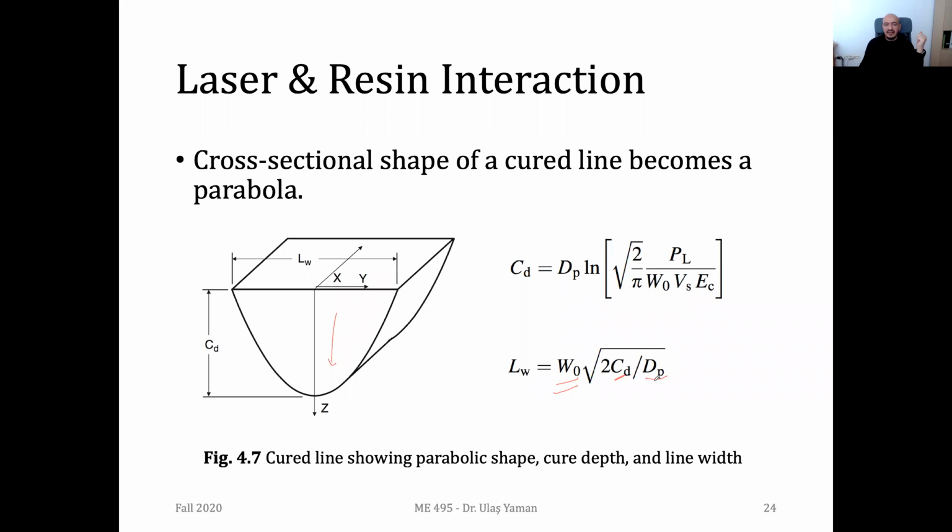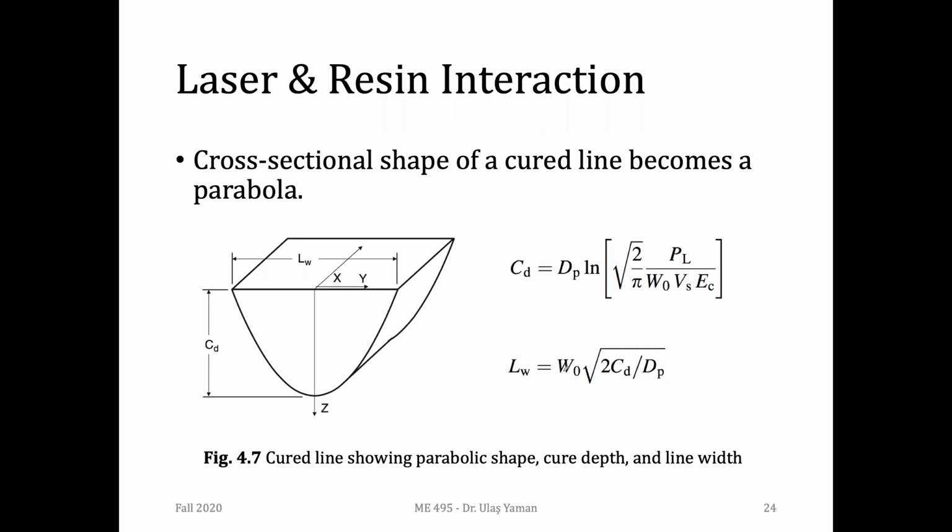So if it's high, then we will have thinner but thicker layers. LW, or line width, will be decreased, but the layer thickness will be improved. So this is the relation between line width and other parameters. Any questions, guys, on these equations?